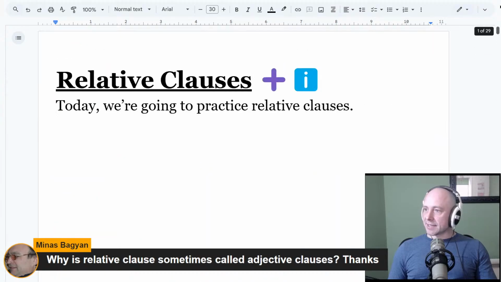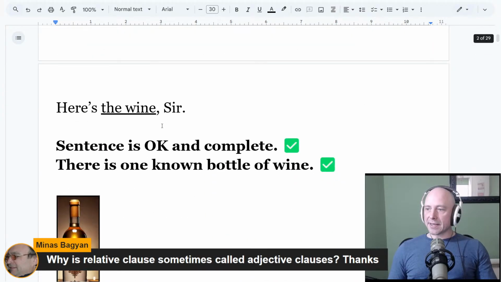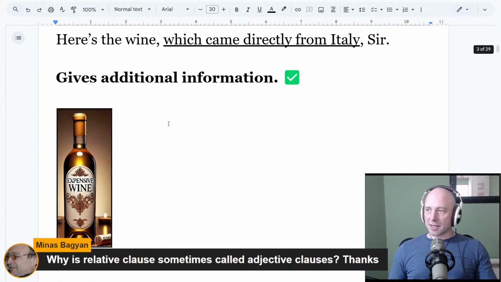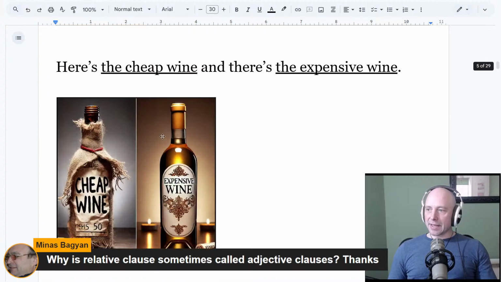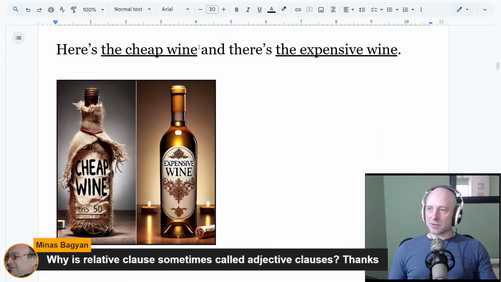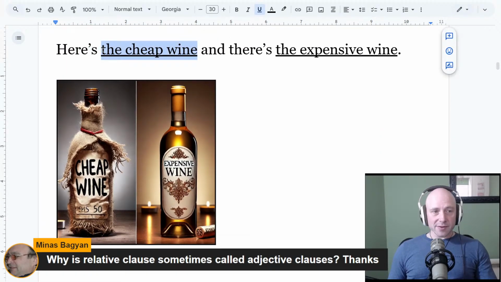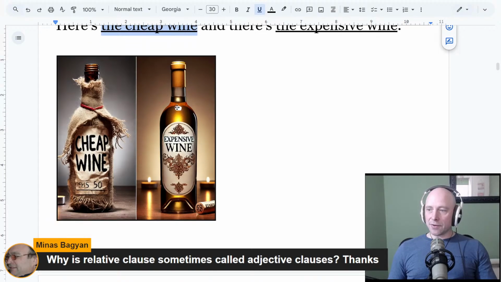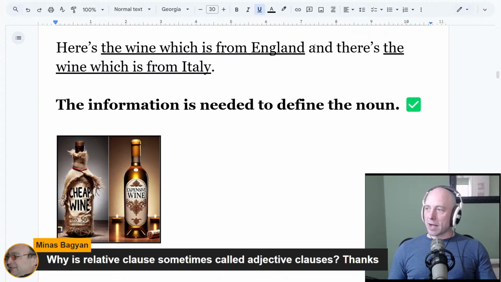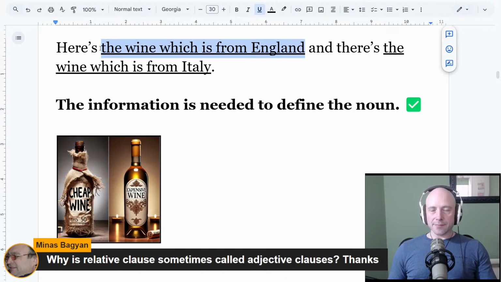You can actually see this quite well in the example from the start of the class, where in one case I use an adjective, the cheap wine, to refer to this noun. And later I say the wine which is from England.